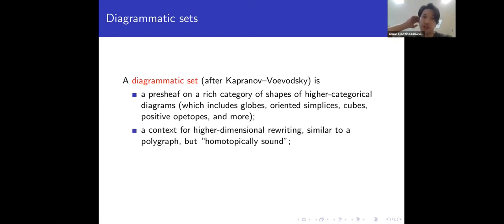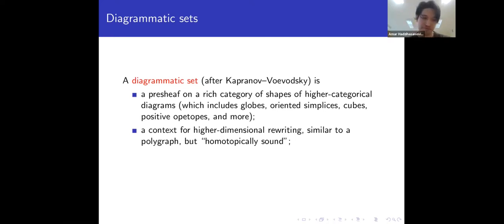I wanted this to be a context for high-dimensional rewriting, or rewriting in higher categories, which would fulfill a similar role to the theory of polygraphs, if people in the audience are familiar with it, but also be sound for this homotopy interpretation in a way that the theory of polygraphs, being based in strict higher categories, is not.